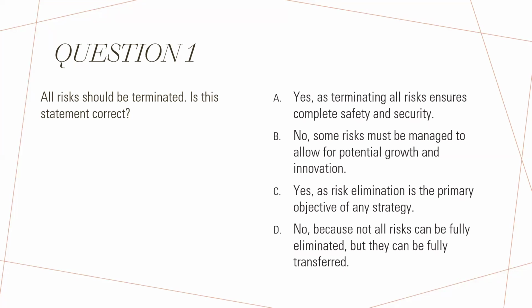And with D, it's about whether they can fully transfer. The thing is, not every risk could be transferred. Okay, so D could be eliminated, and therefore the answer must be B. Not all risks could be transferred.